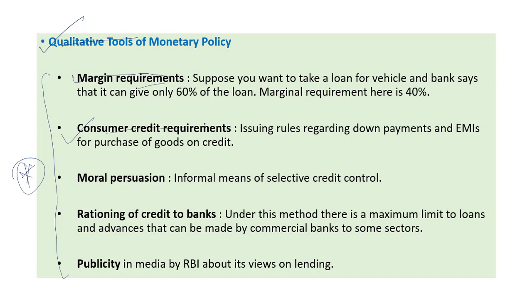Then we have consumer credit requirements, issuing rules regarding down payments and EMIs for the purchase of goods on credit. So RBI, from time to time, in a regular manner, publishes guidelines in the newspapers, and on its website also, rules and regulations regarding the down payments and EMIs, so as to control the credit requirements.